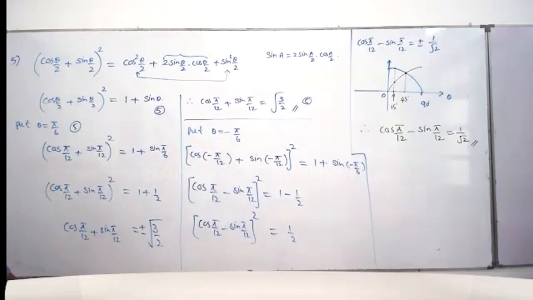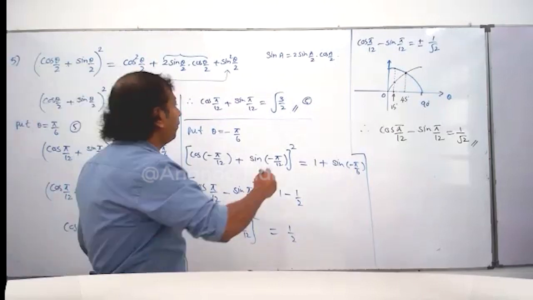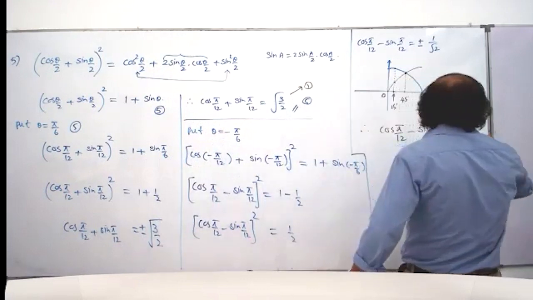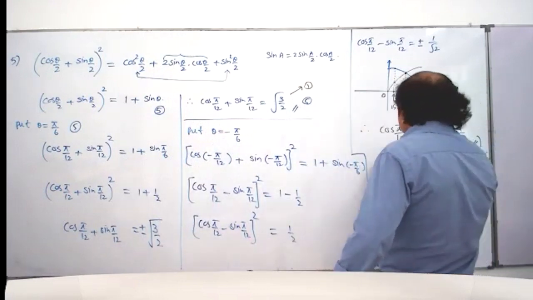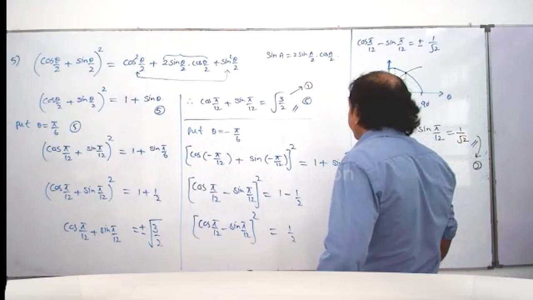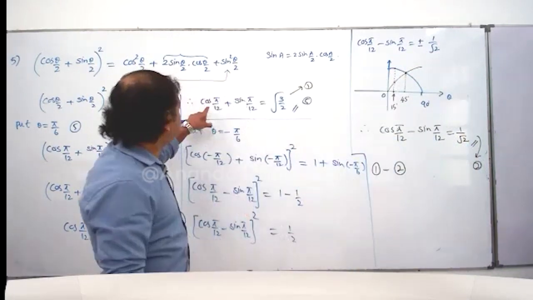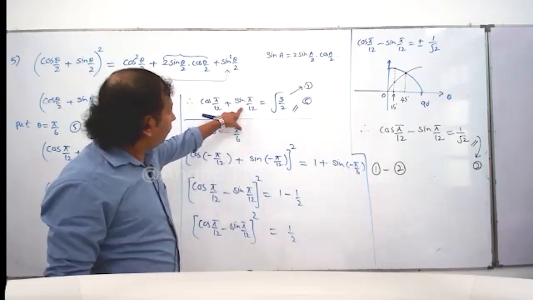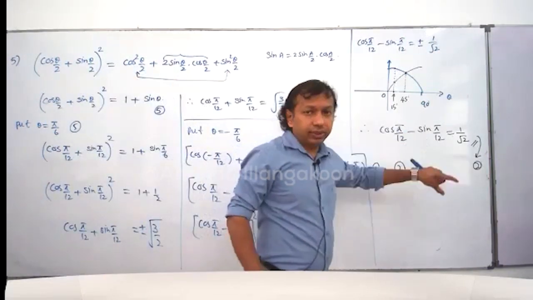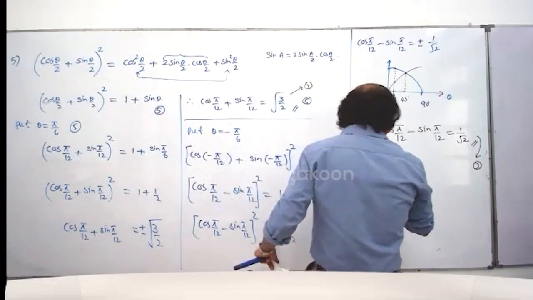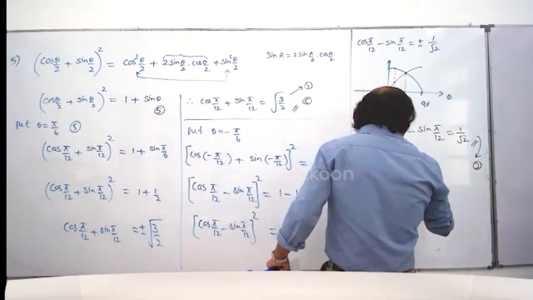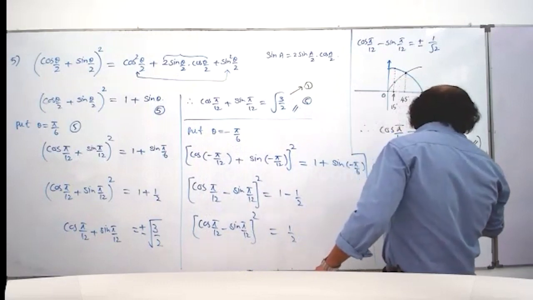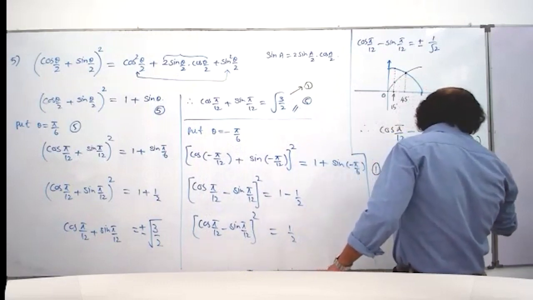Right. Now we have this equation 1, this equation 2. Now we take 1 minus 2. Then what happens? Cos pi by 12 and this cos pi by 12 cancel out, right? This minus this, then that will be doubled. 2 sin pi by 12 is equal to root 3 by 2, minus 1 over root 2.